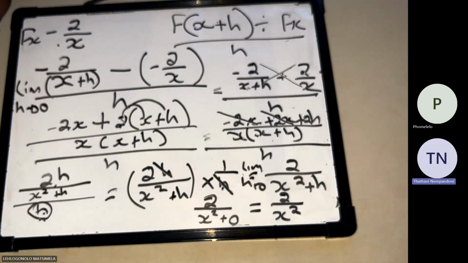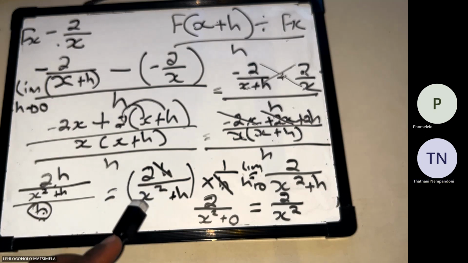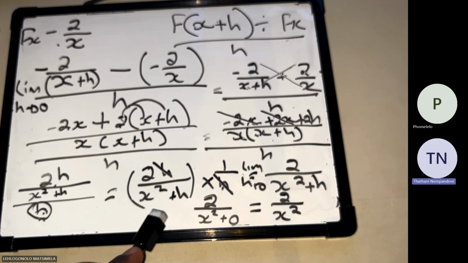Yeah, that part when you said 2h over x squared plus h over h, ne? No, this other side. There, yes. So I'm trying to check there if maybe it's because you missed the other step, because I was expecting that h to be like xh.